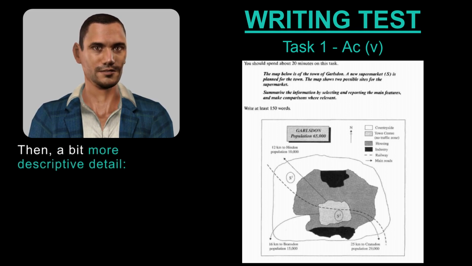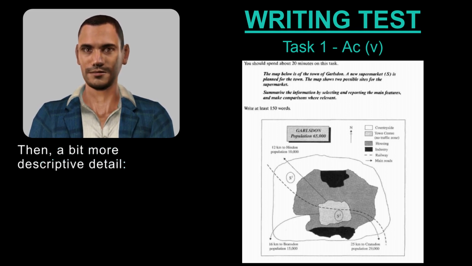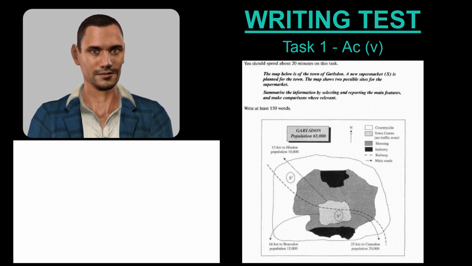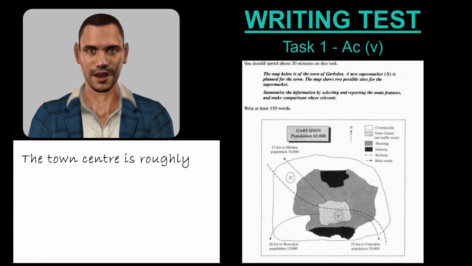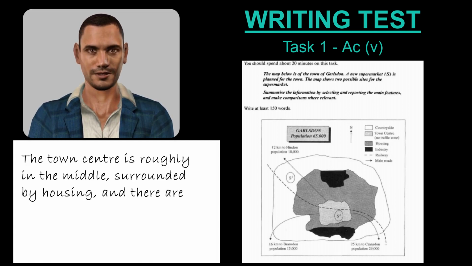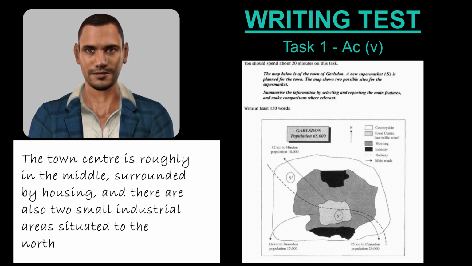Then, a bit more descriptive detail. The town centre is roughly in the middle, surrounded by housing, and there are also 2 small industrial areas, situated to the north and south.